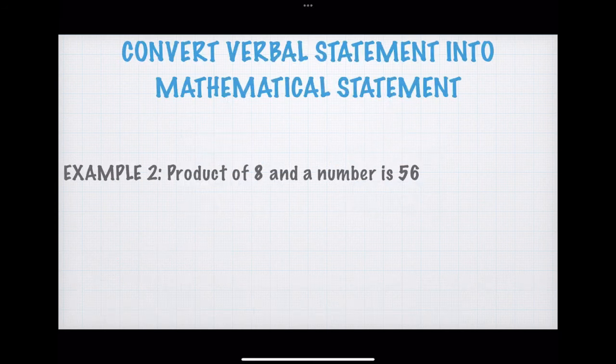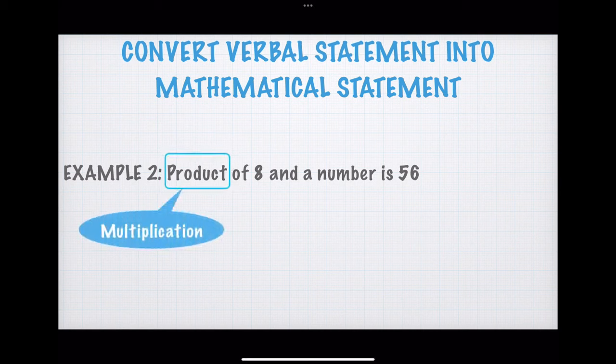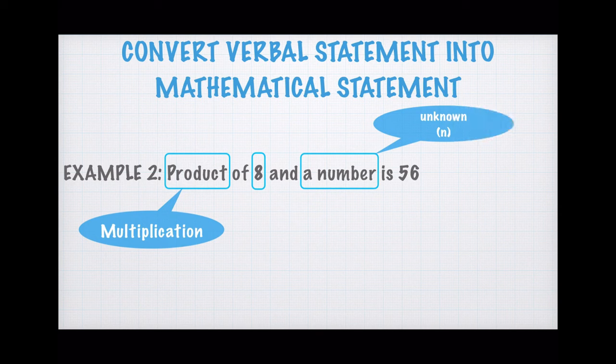Let us take up another example. Product of 8 and a number is 56. The keyword in this sentence is product, which means we must perform multiplication operation. So, 8 is being multiplied with an unknown number which can be denoted by an alphabet, say n. Therefore, 8 into n is 56.